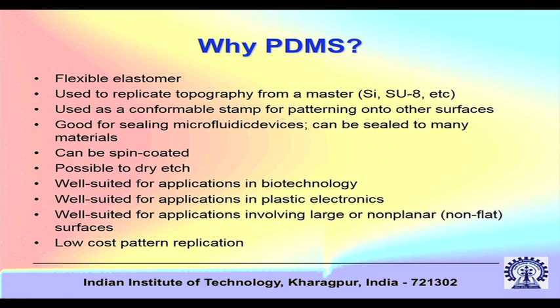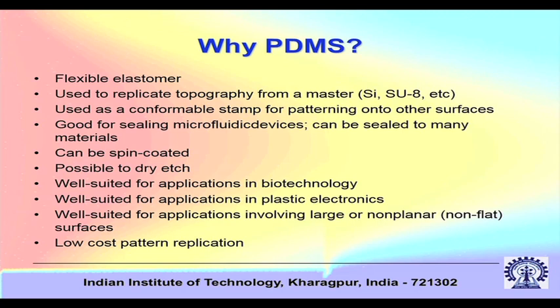It is a flexible elastomer, it can be used to replicate topography from a master, it can be used as a conformable stamp for patterning onto other substrates, it is good for sealing microfluidic devices, it can be sealed to many materials, it can be spin coated, and it is possible to dry etch. It is well suited for applications in biotechnology, in plastic electronics, and applications involving large or non-planar surfaces, and it is a low cost pattern replication process.